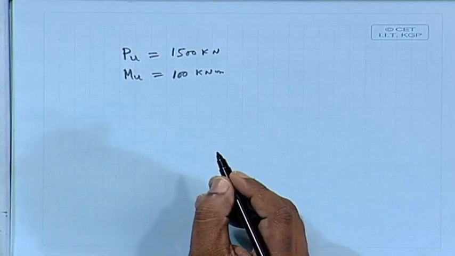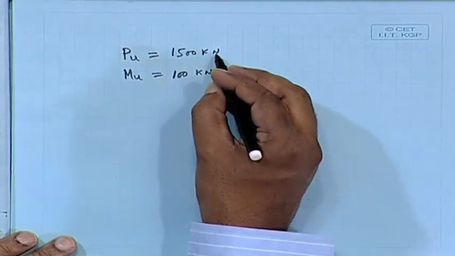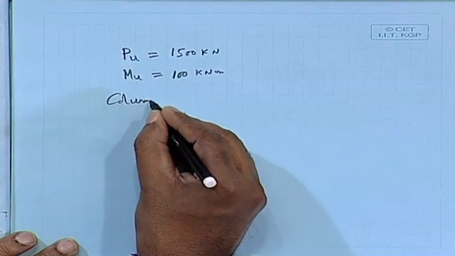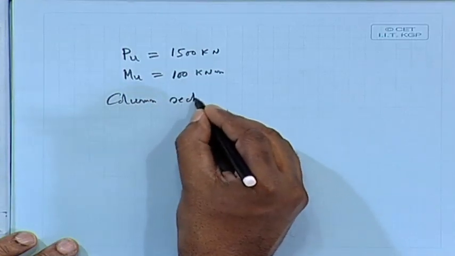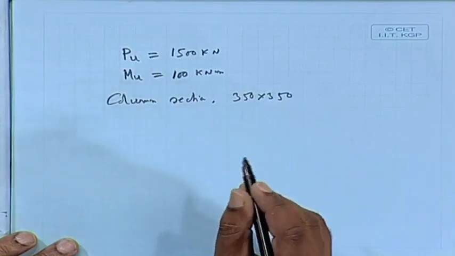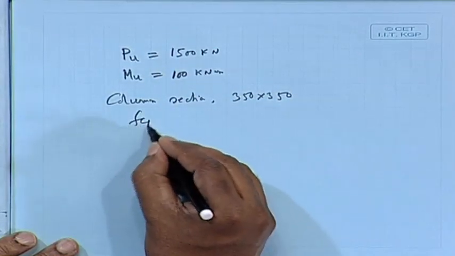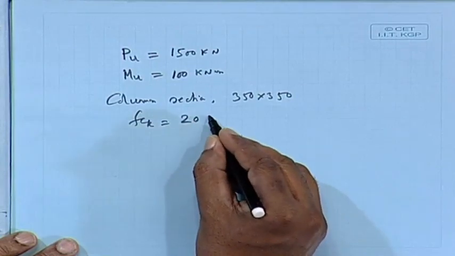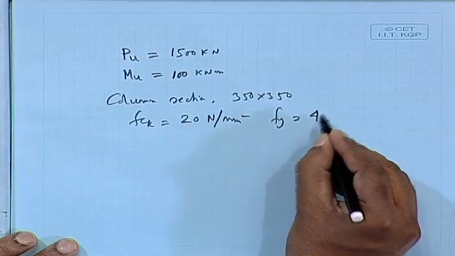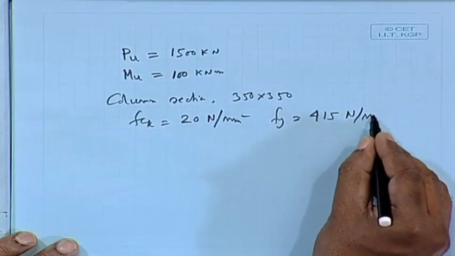Okay. We are getting this value, and let us assume the column section, say 350 by 350, fck 20 Newton per square millimeter, fy 415 Newton per square millimeter.